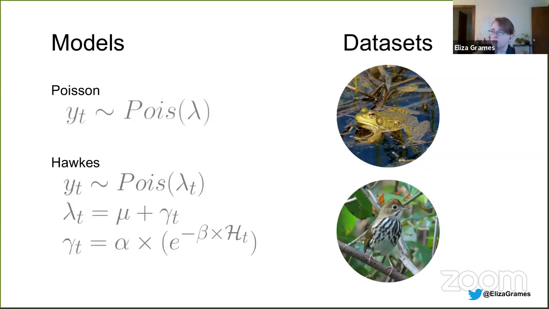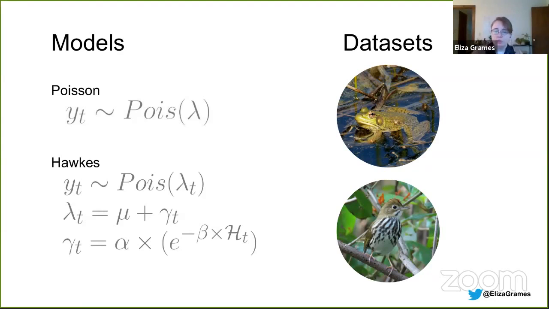And then we used two different data sets. So we have one data set that is bullfrogs calling at a single pond for one breeding season, and then a second data set that is ovenbirds, which are these guys, in several different forest fragments across a few years.